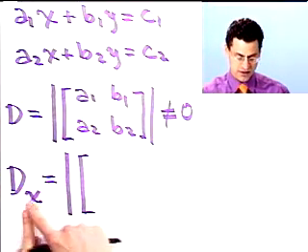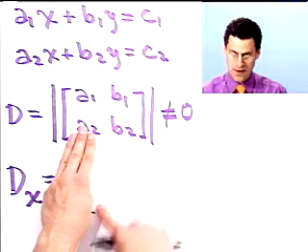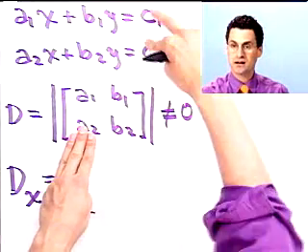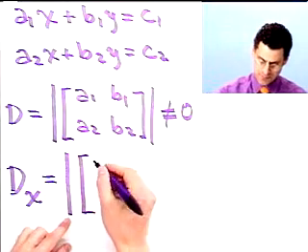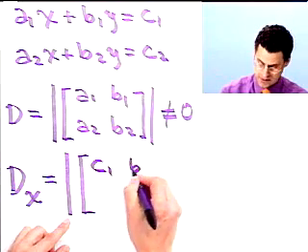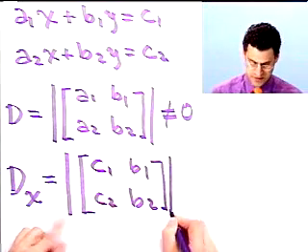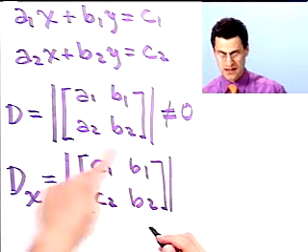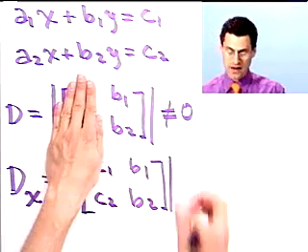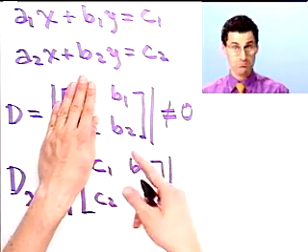So you take what's in the x column, remove them, and replace them by these numbers here on the right-hand side. You put them in, and I'd see c1, b1, c2, b2. Do you see that D sub x is just what I got here, but I remove the x column and replace it by these numbers? That's all there is to it.